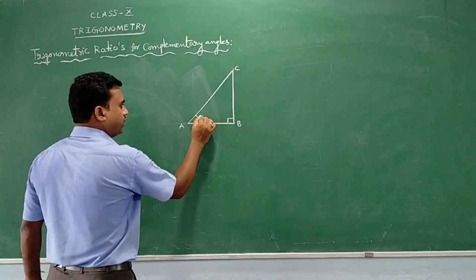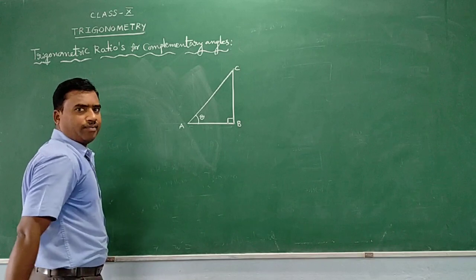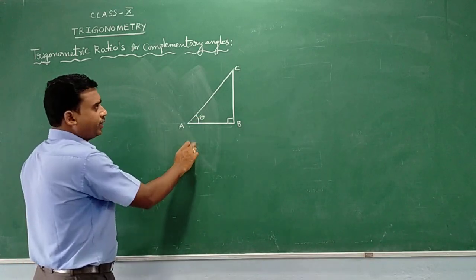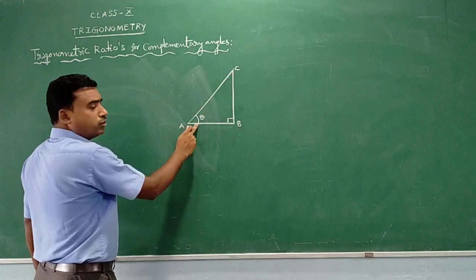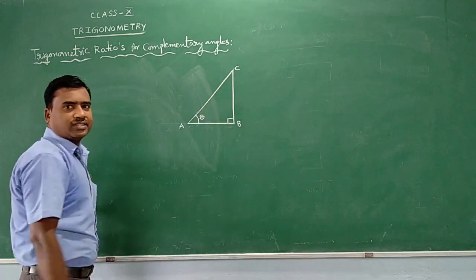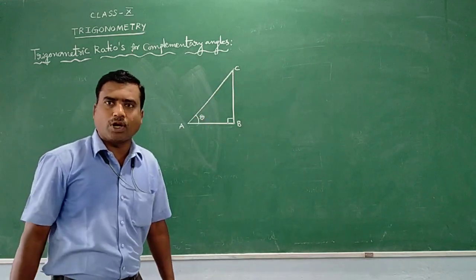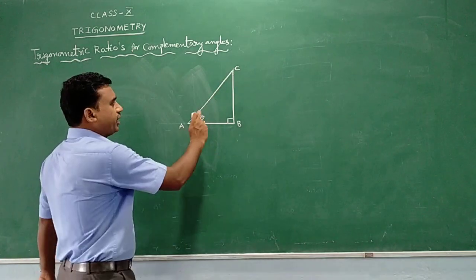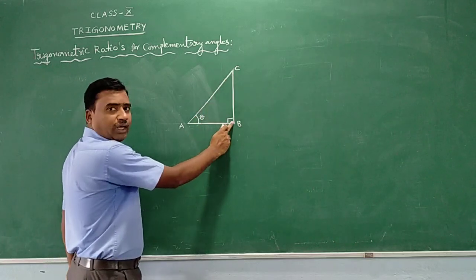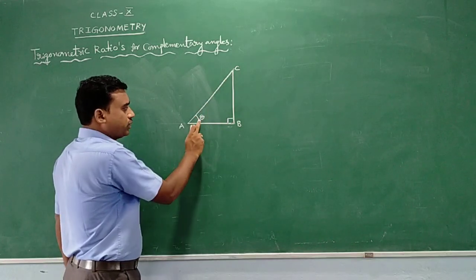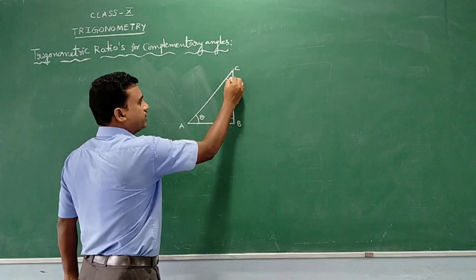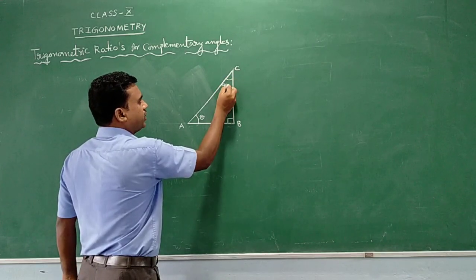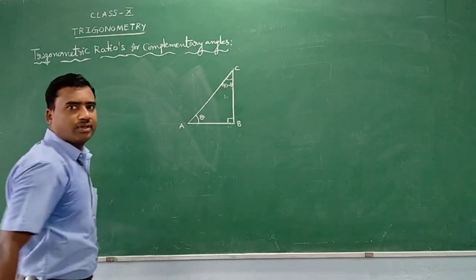Let angle A be equal to theta, then angle A plus angle C should be 90 degrees. Why? Because by the angle sum property in a triangle, the sum of three angles should be 180 degrees, and angle B is already 90 degrees. So this is theta, which means angle C is equal to 90 minus theta.